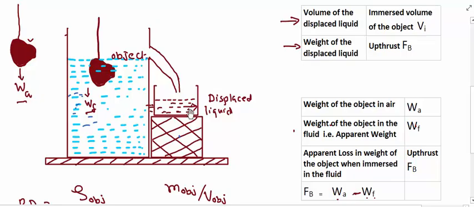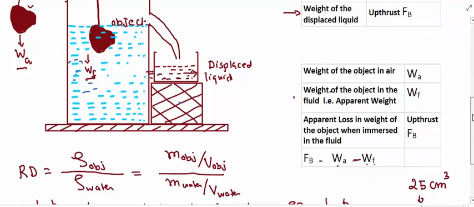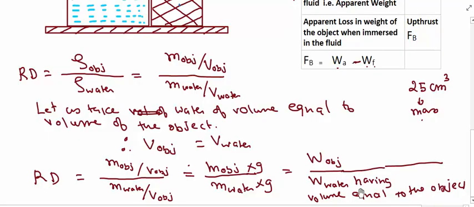So this particular volume is equal to the volume of the object, and the weight of this liquid will be equal to upthrust. Therefore, if I go back down here again, this denominator is equal to upthrust. This is weight of water having volume equal to the object. So this is weight of the water displaced, and therefore this is upthrust.